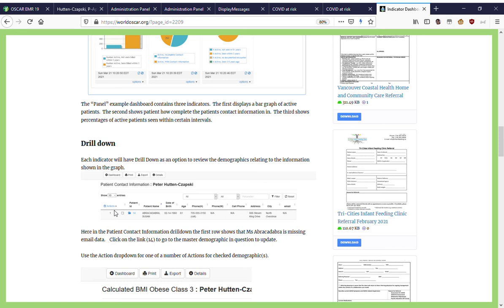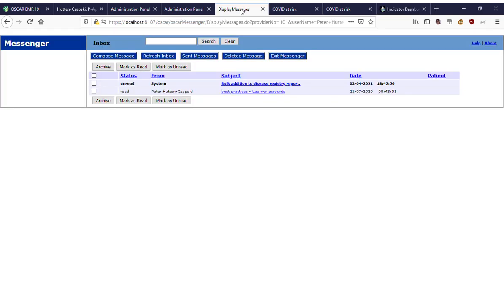When all that is said and done, especially if you're doing a bulk assignment of a disease code, you'll get an email in your inbox. And so in your inbox, you'll see that the system will send you a bulk addition to the disease registry report.